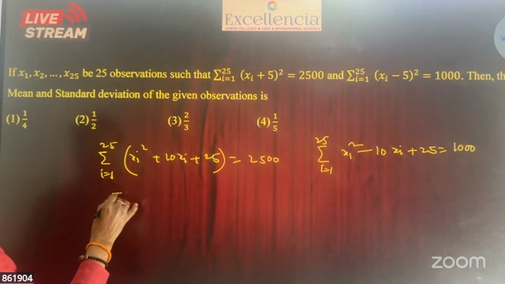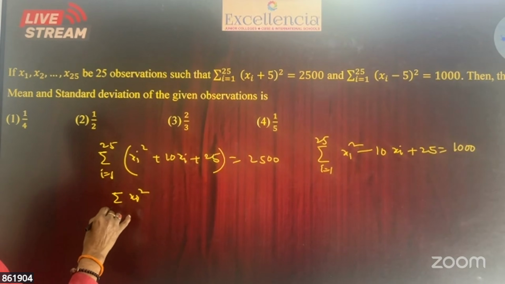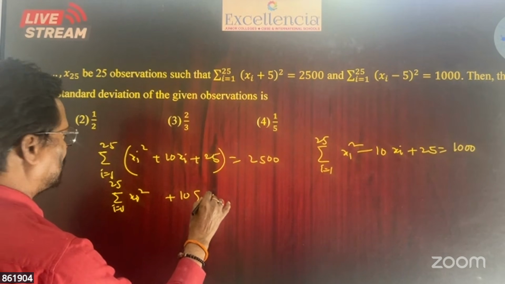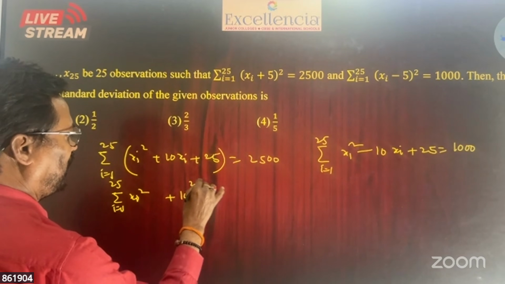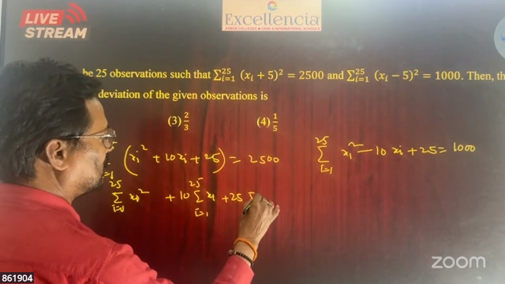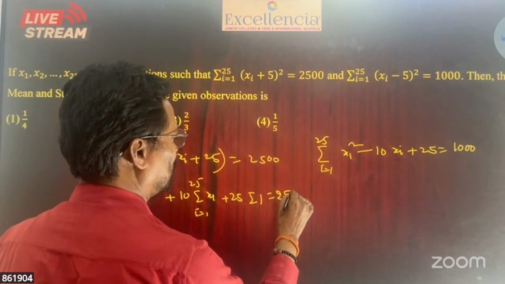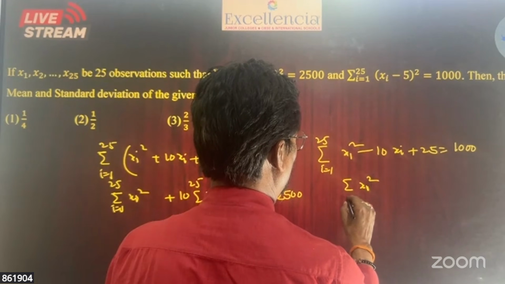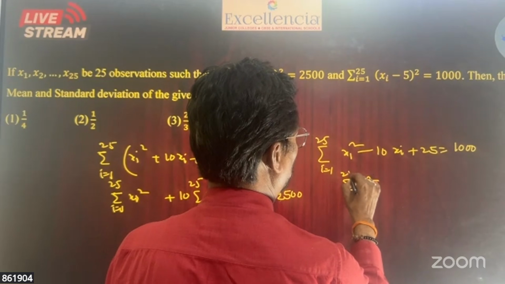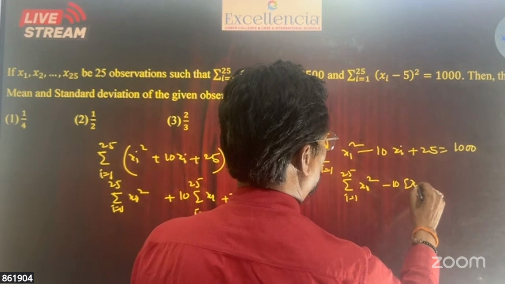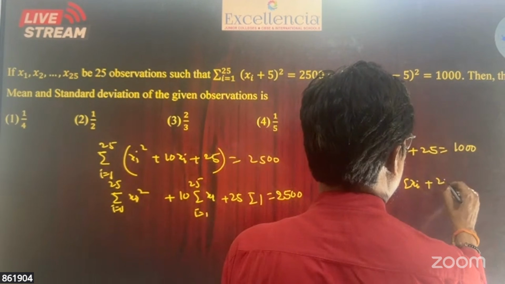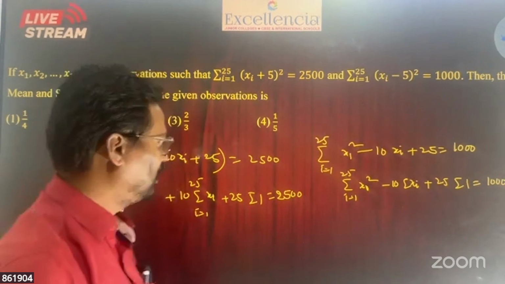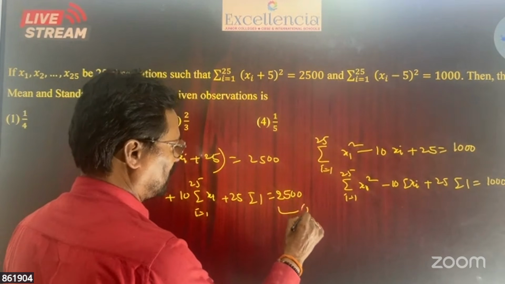Now if we simplify, this is sigma xi square, i equal to 1 to 25, plus 10 into sigma xi, i equal to 1 to 25, plus 25 into sigma 1 is equal to 2500, and here also sigma xi square, i equal to 1 to 25, minus 10 into sigma xi plus 25 into sigma 1 is equal to 1000. And these are the two equations we got.